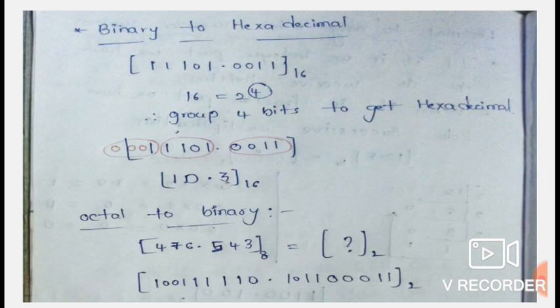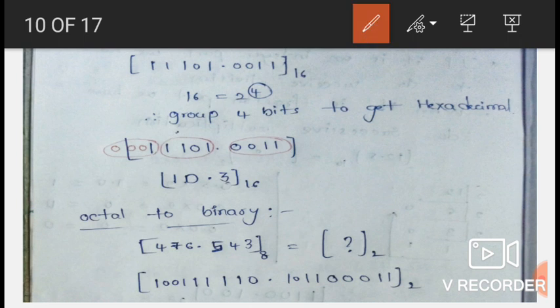And the next thing is how to convert the binary number system to the hexadecimal number system. If you take a binary number system here, it's not 16, it's 2, because we are taking the binary number system, and from this binary system we can represent 16 in terms of 2 power 4.